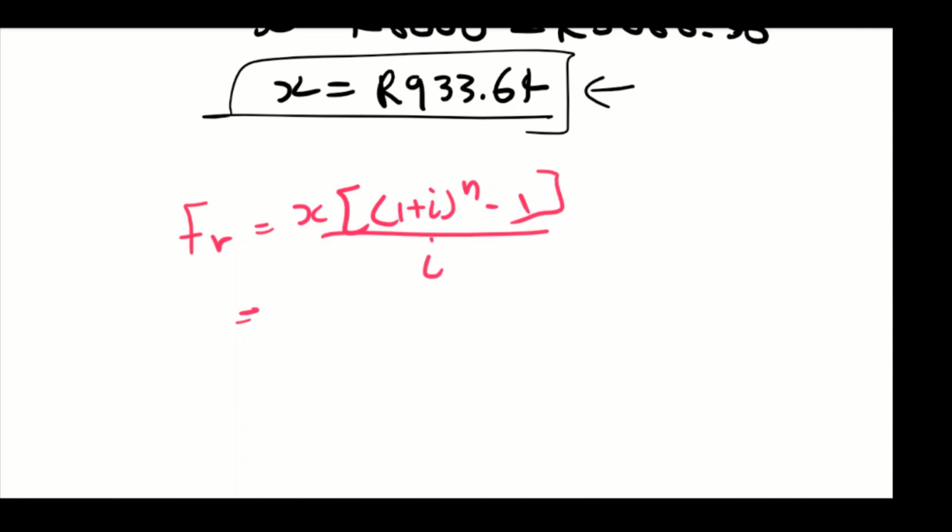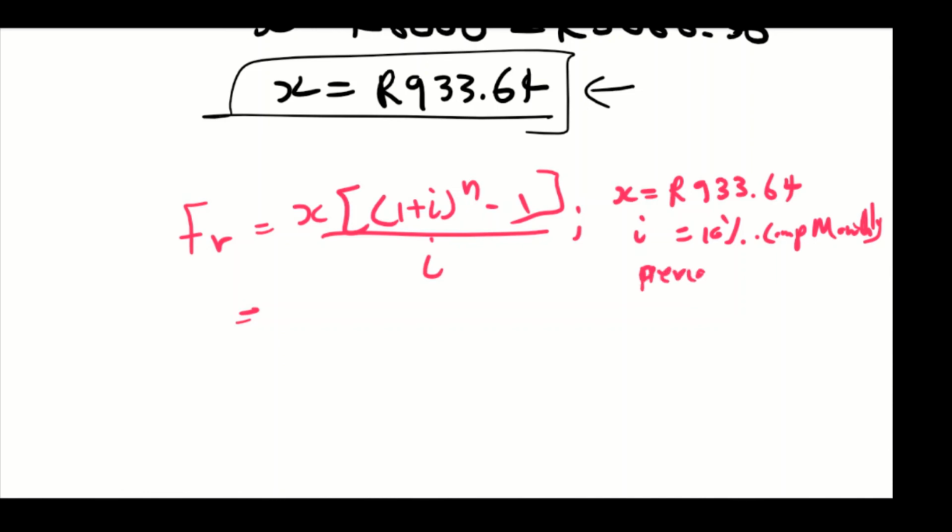So in future, Mandy is going to make the following amount, but before we do that, we know x is equal to 933.64. The i is 10% compounded monthly, right? Remember that this repayment is made for a period of 9 years.